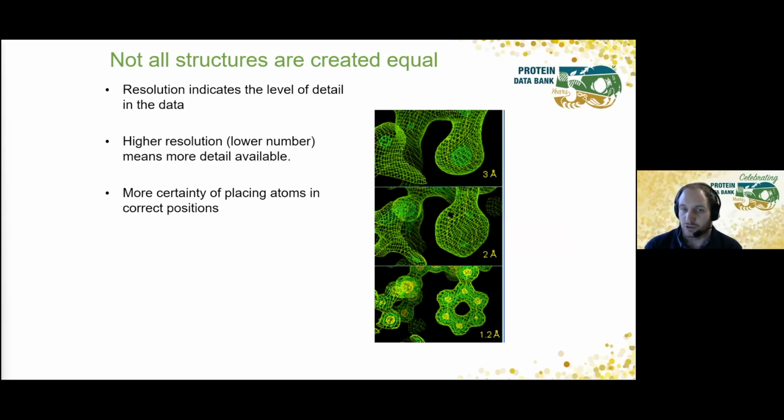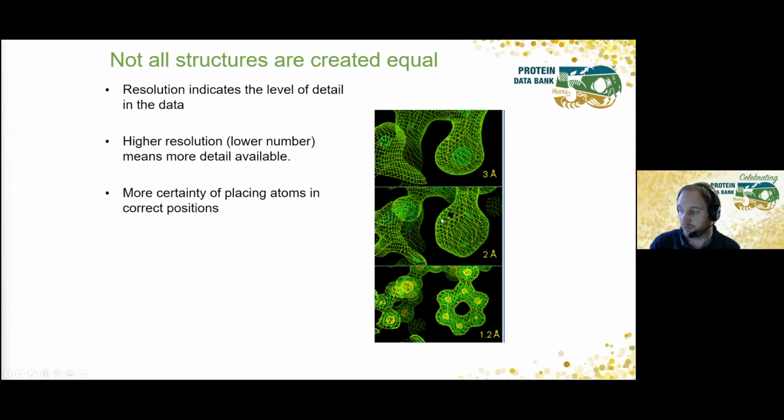Not all structures that we have here are equal either. For several of the techniques, electron microscopy and X-ray structures, we have resolution as a metric. And this tells us the level of detail we expect within the structure. To give you a rough idea of what this means for a ring, at 3 angstroms we have a blob.